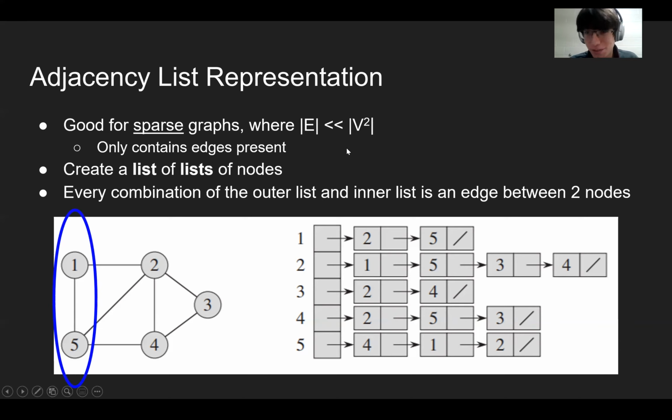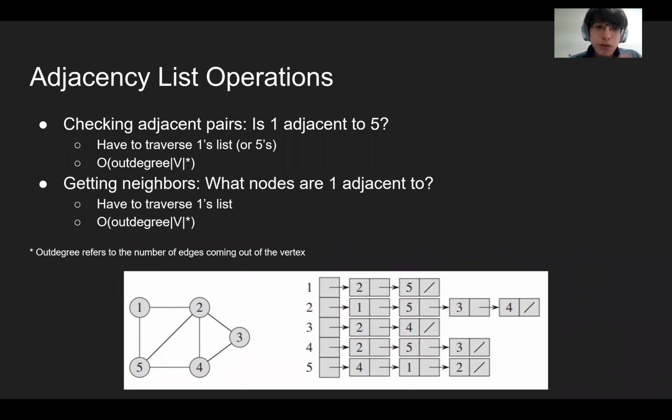Okay, first we're going to look at this animation. So 1 is connected to 2 and 5, or 1 is connected to 5 there, and so on. It's the same. Okay, first adjacency list operations. So checking adjacent pairs. Is 1 adjacent to 5? How much time would that take? You have to traverse 1's list or 5's list.